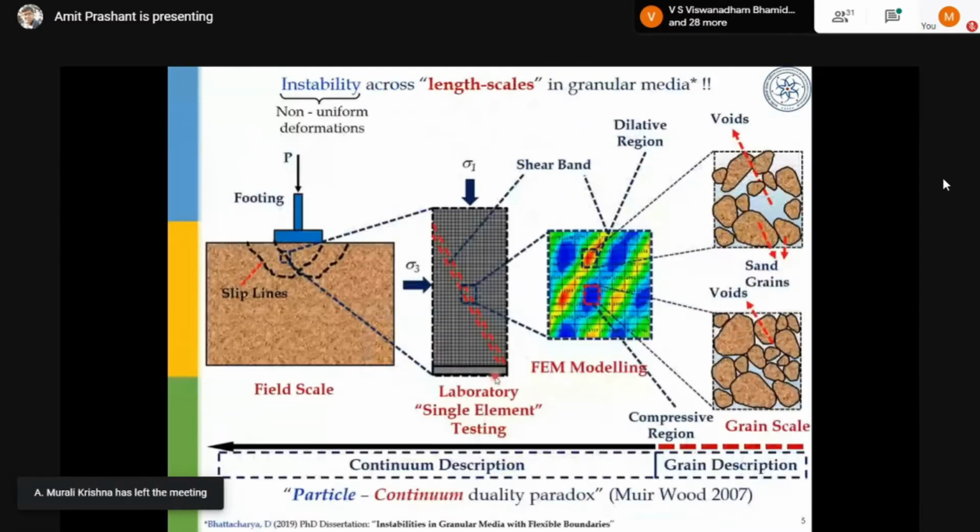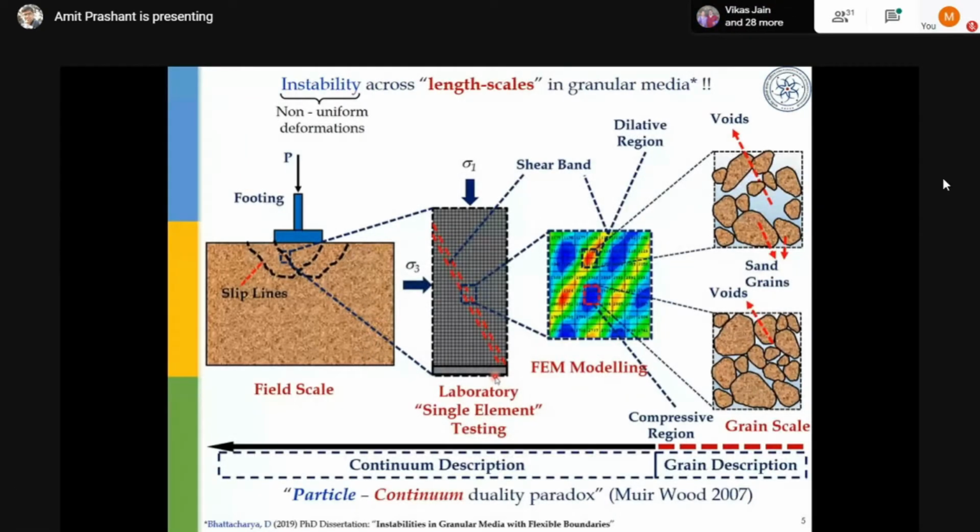When we look at an element in a boundary value problem, for example, here, soil below a foundation, if I look at a very small zone and assume that as a single element, then the response we observe in the lab would be expected to be similar, but it may not be actually, right?